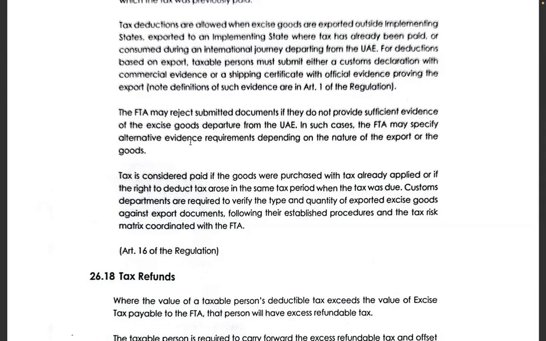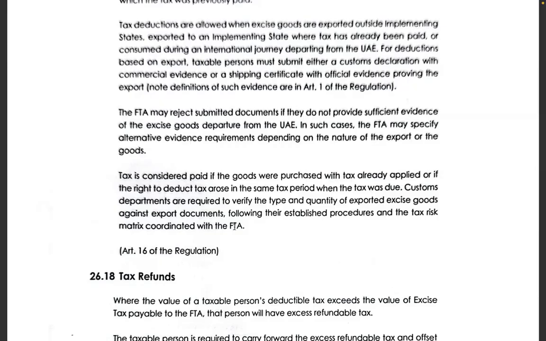So the evidence provided was not crystal clear. It was erroneous, there were mistakes, etc. So FTA may reject it, but they may ask for alternative evidence to be provided.